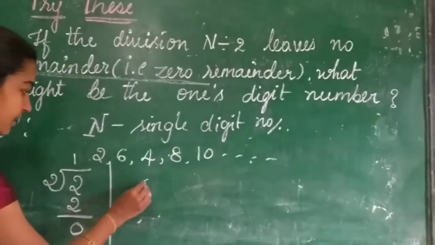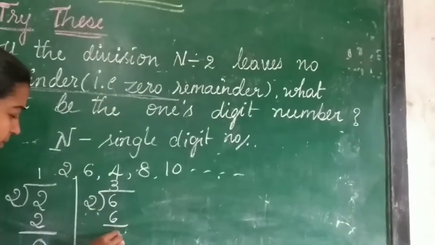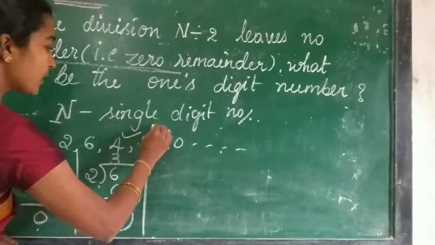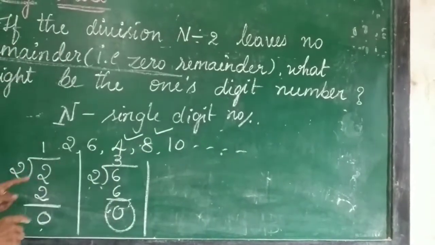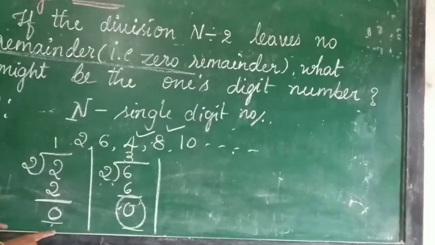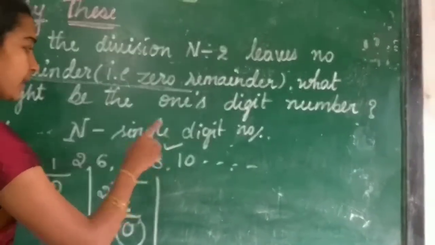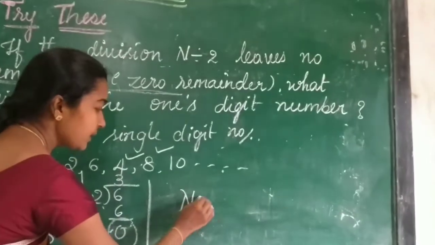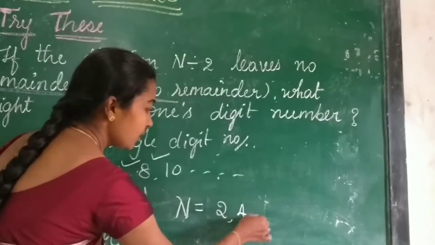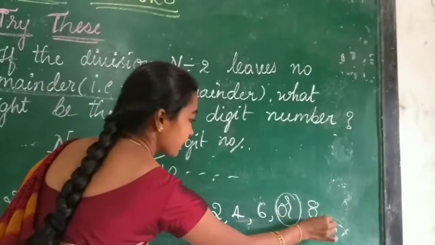In the same way, 6 divided by 2 also leaves 0 remainder. In the same way, 4 and 8 also leave 0 remainder. Here n is a single digit number. That's why here n may be 2, 4, 6 or 8.